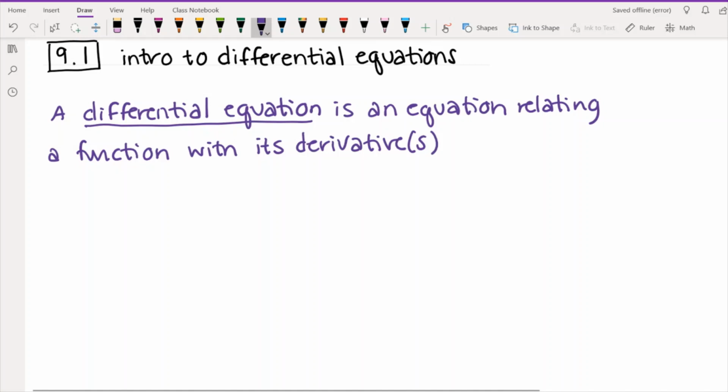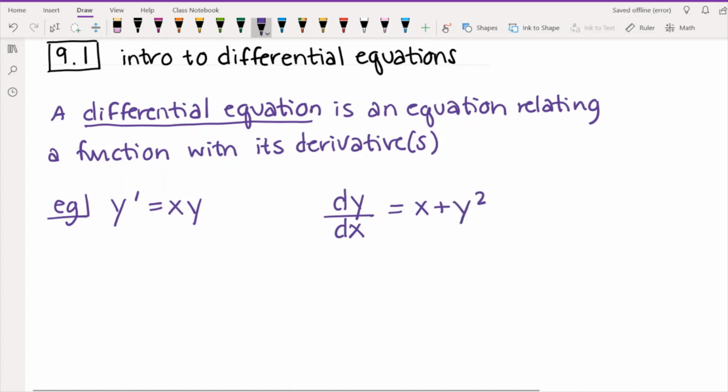I just want to give you a few examples of what a differential equation might look like. One example would be y prime is equal to x times y. Another example would be dy dx. Sometimes you'll see them written with y prime, sometimes with dy dx. So dy dx is equal to x plus y squared.